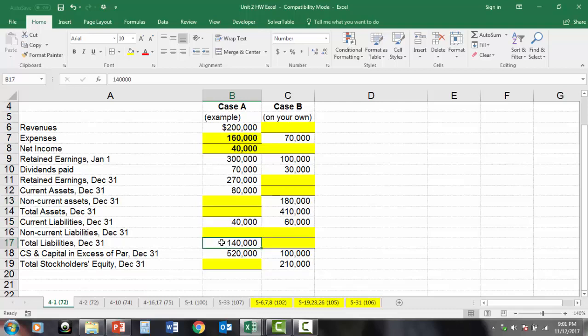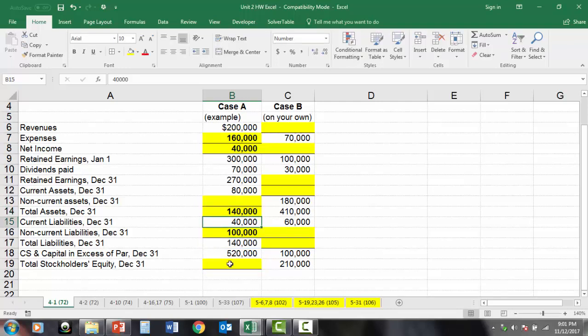If I have total liabilities, that's the sum of current and non-current. So non-current liabilities would be the difference between total liabilities and current liabilities, right? All right, so there's my non-current liabilities. And now I've got total liabilities, don't I? That's 140. So total assets has to equal the same as total liabilities plus equity.